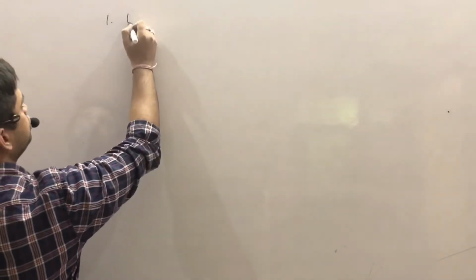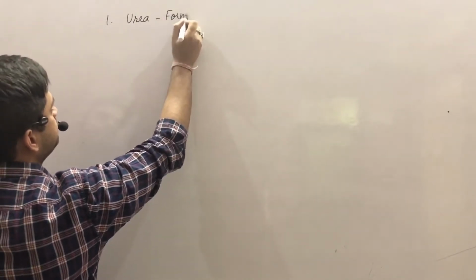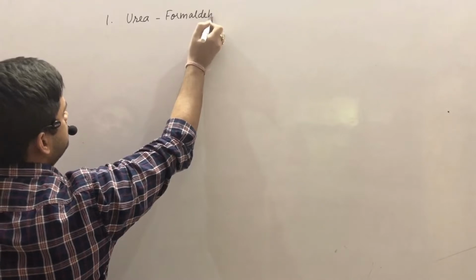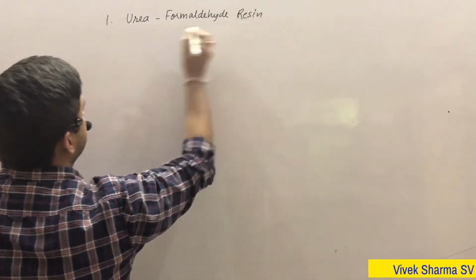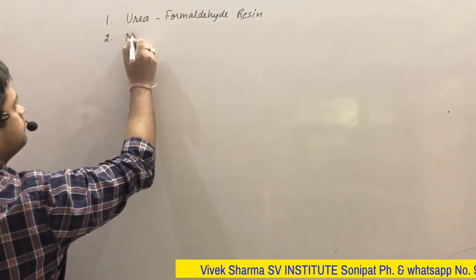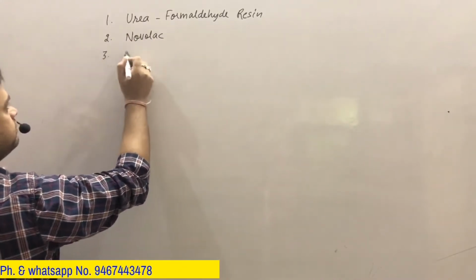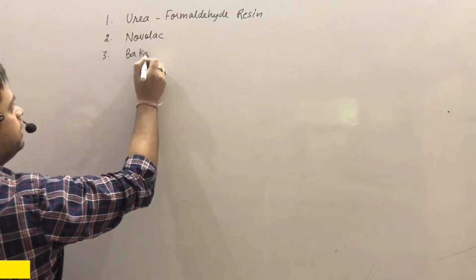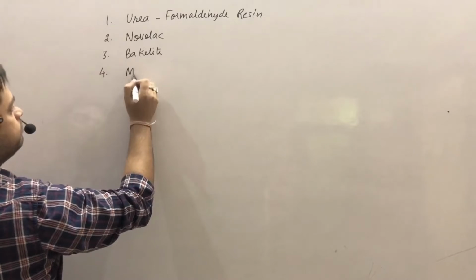First is urea formaldehyde resin. Second is Novolac. Third is Bakelite. And fourth one is melamine polymer.